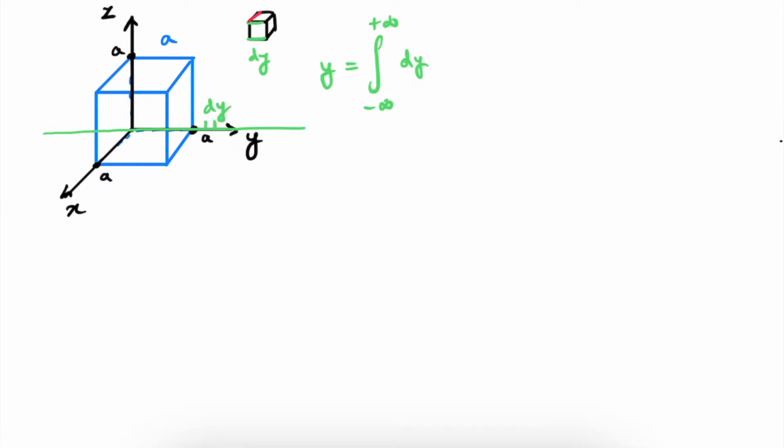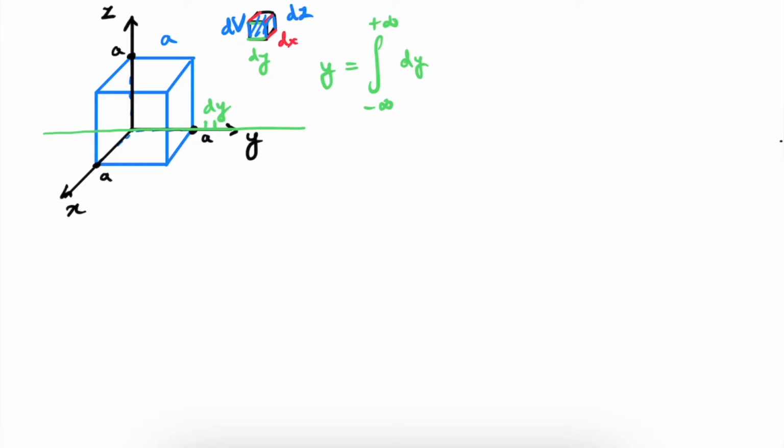In the x direction, we have the side dx, which is the infinitesimal element in the x direction. And then the sides that are left are the sides in the z direction, which have the length dz, the infinitesimal element in the z direction.